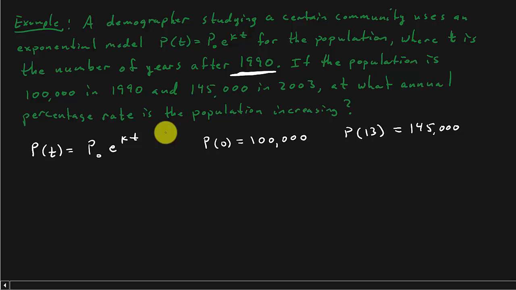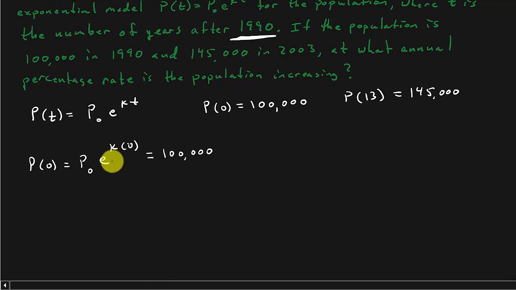All right, so let's figure out what P naught is. It's telling me that P of 0 is P naught times e to the k times 0, and that should equal 100,000. Do you agree that e to the k times 0 is e to the 0?